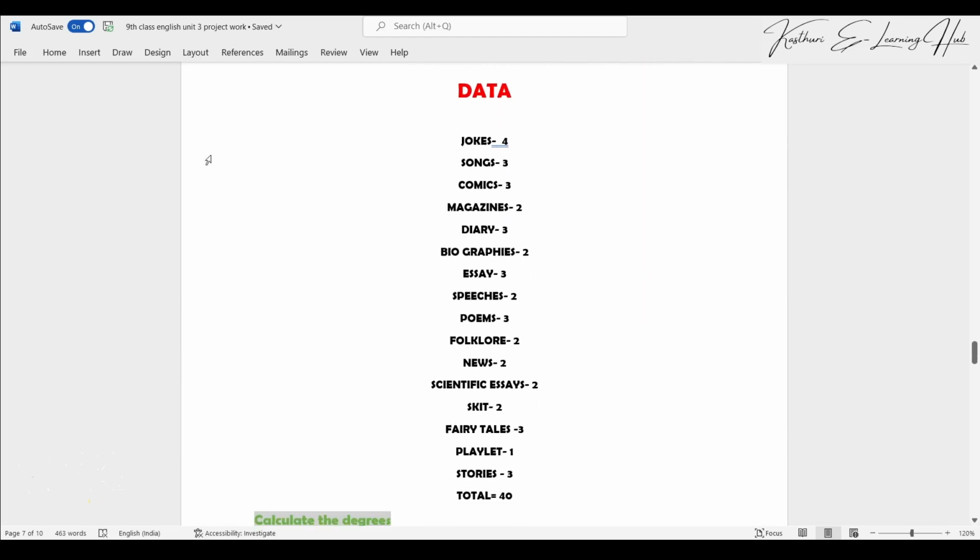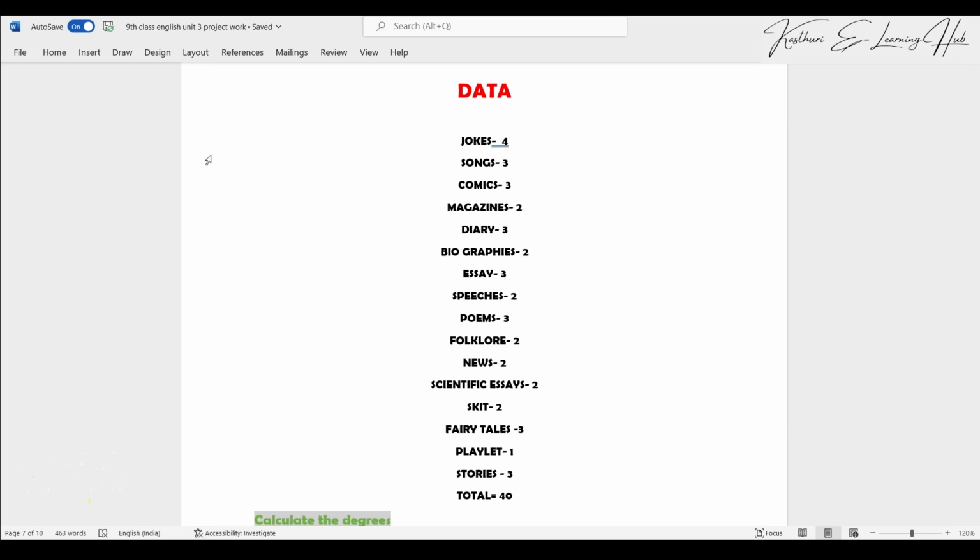After that, in the whole data, we need to write one by one. Jokes, how many of them wanted jokes? Or we can write where all the jokes are, how many are there overall? 4. Songs, how many? 3. Comics, how many? 3. Then magazines. Overall, we need to make a count.